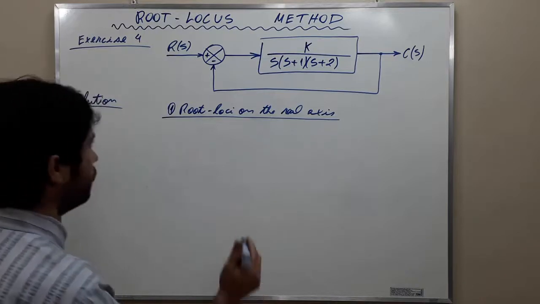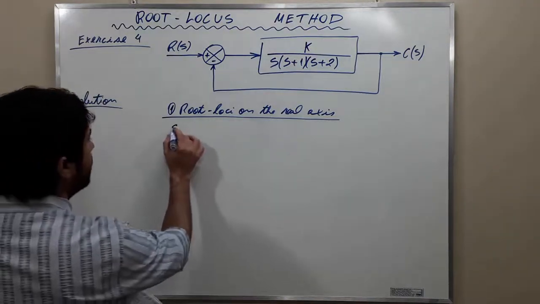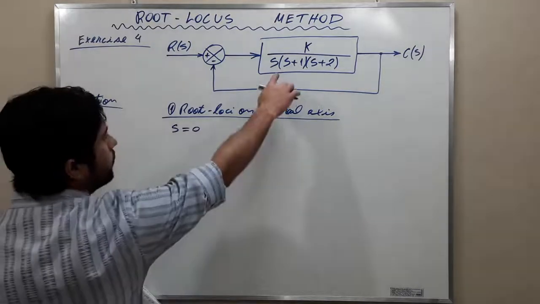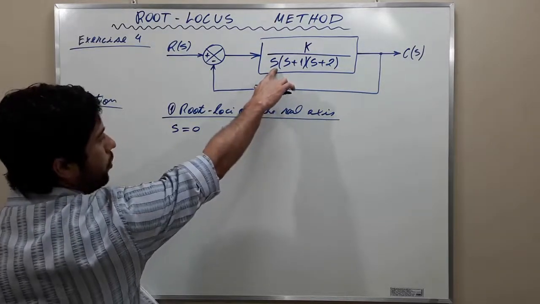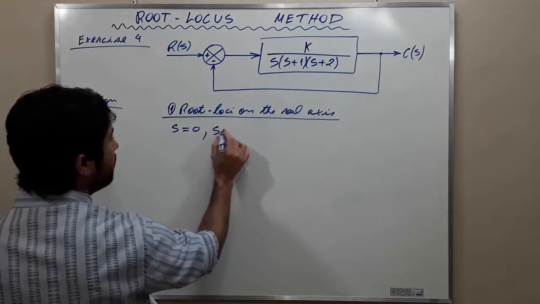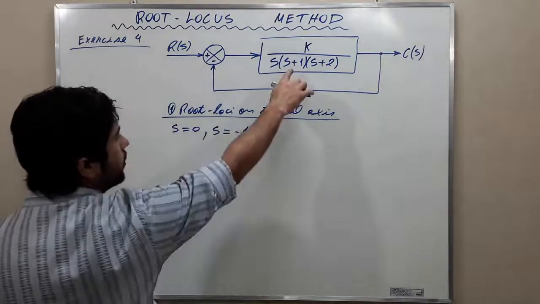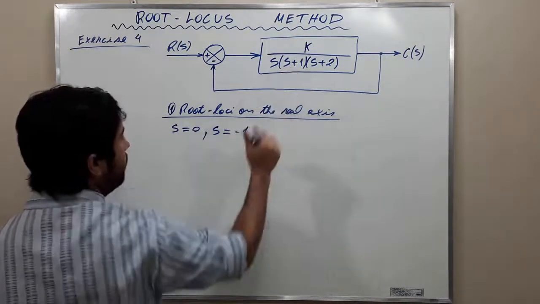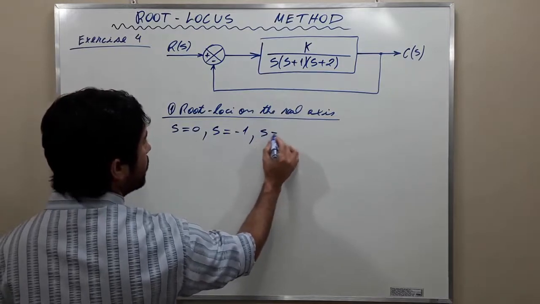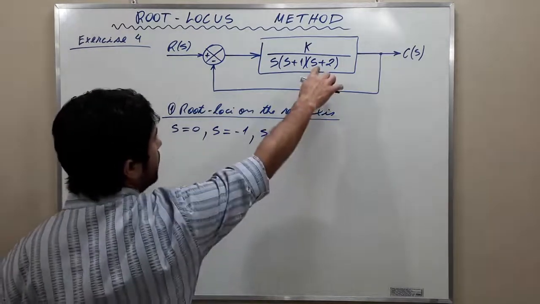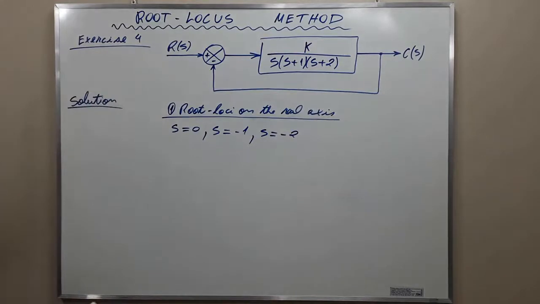We have 3 open loop poles here, s equal to 0, this open loop pole, s equal to -1, this open loop pole, and s equal to -2, this open loop pole. Next, we use a test point to determine the root loci on the real axis.